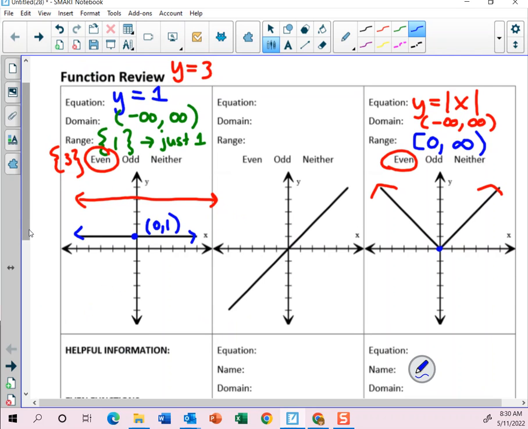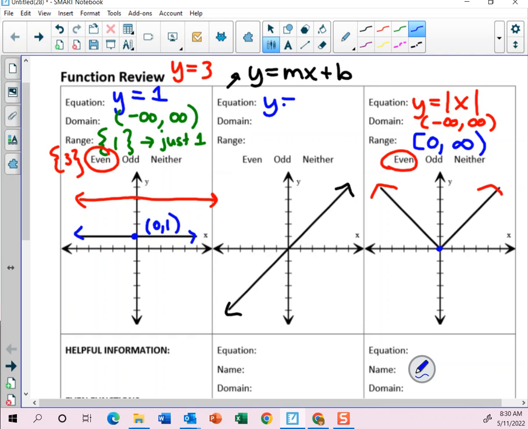Middle guy, just a regular line. This is kind of the basis of every other regular line that we graph. A regular y equals mx plus b line is built out of this line.